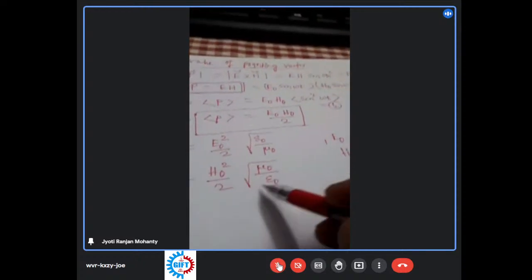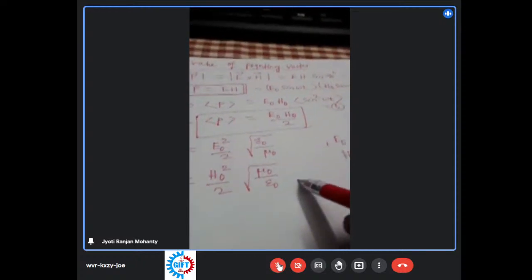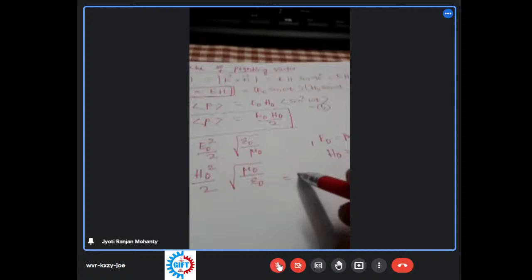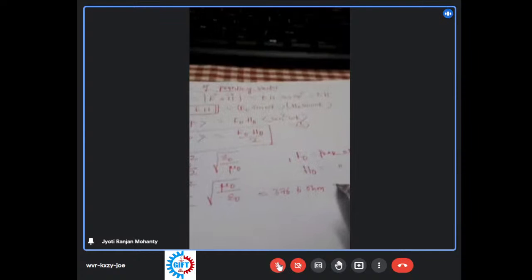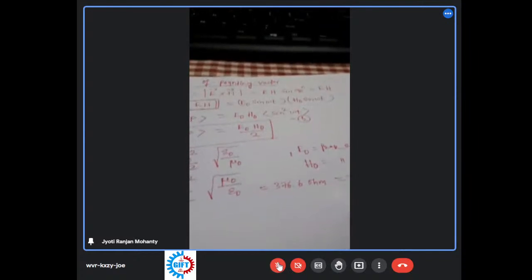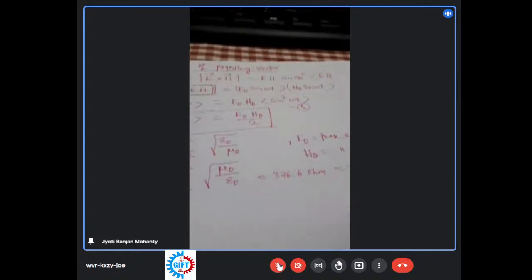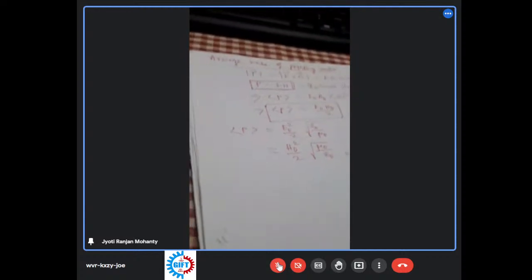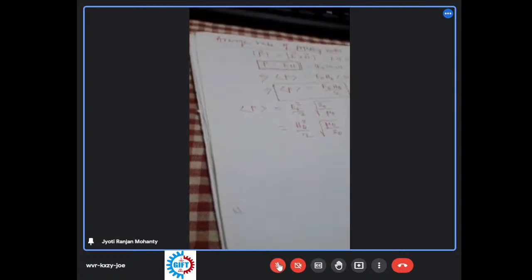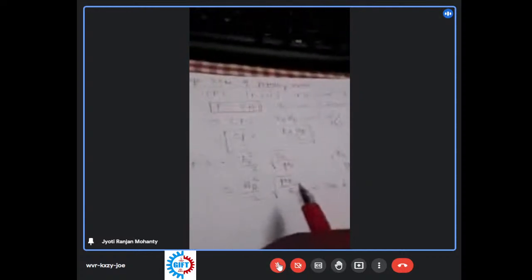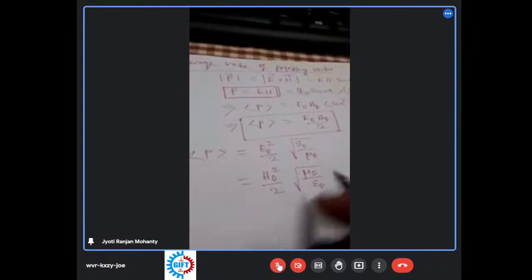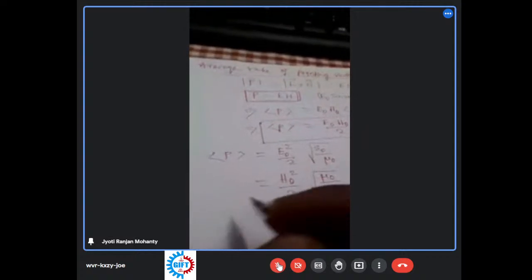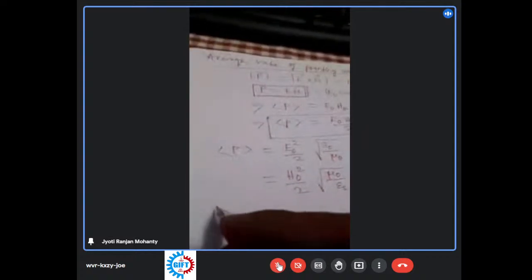Because already it is known this value is equal to 376.6 ohm, which is known as Z0. Z0 be the wave impedance. Okay, so this is all about the average value of the Poynting vector. Next, the last part, you write magnetic vector potential.